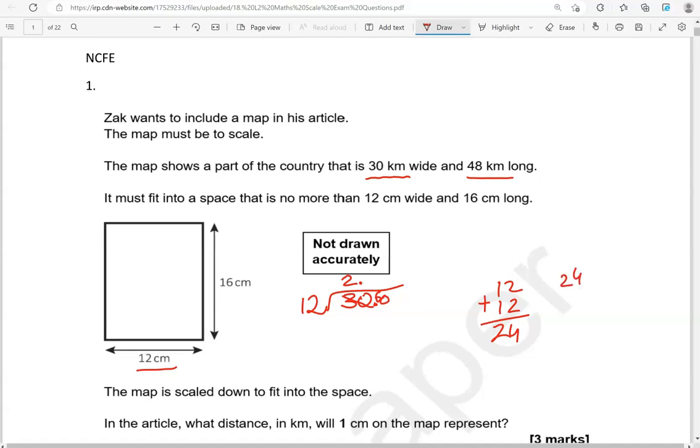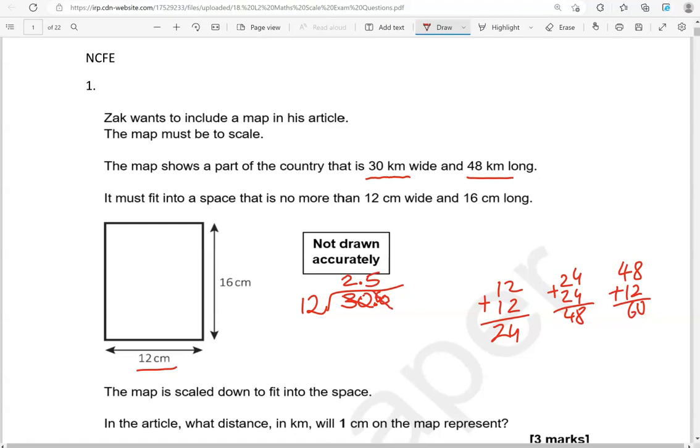So let's try now. 24 and 24, that's 48. So we've got 4 lots of 12 in there, and we can keep going. 48, if I add 12 to that, that is going to be 60. So 5 lots of 12 make 60.